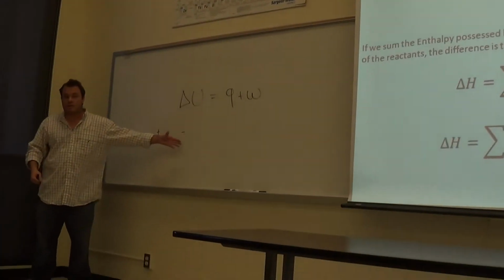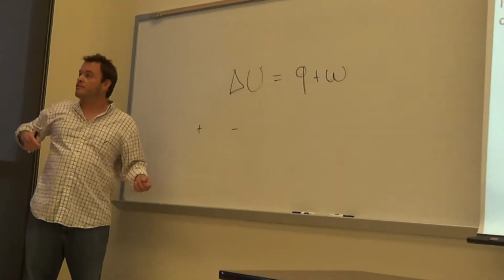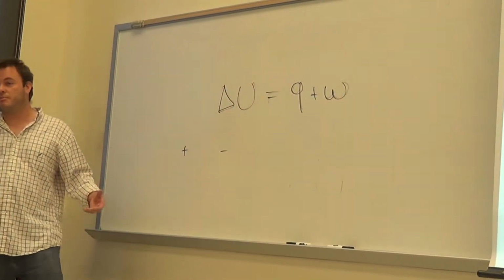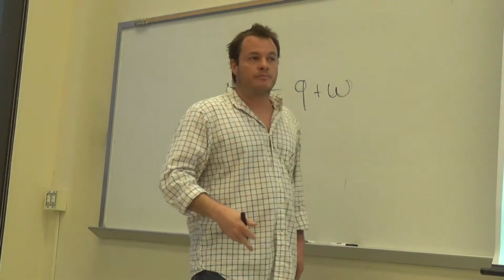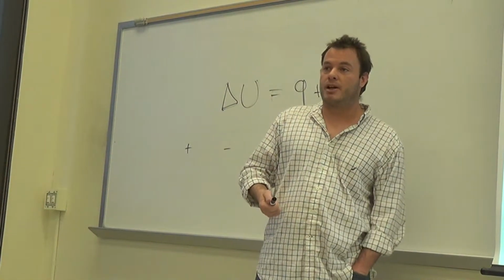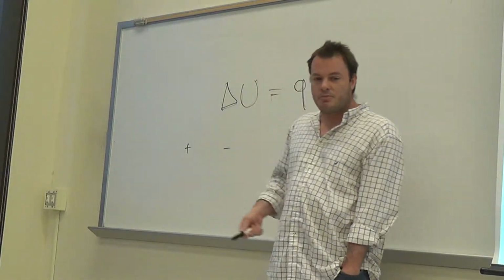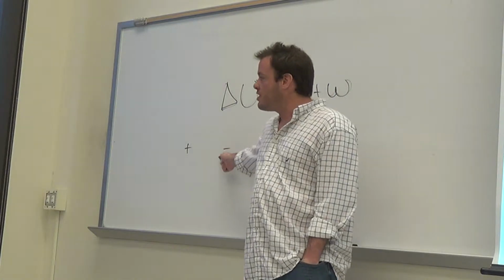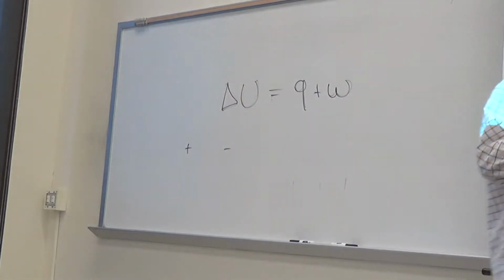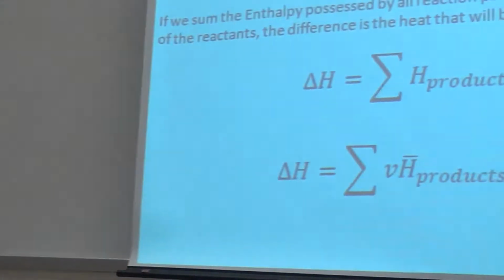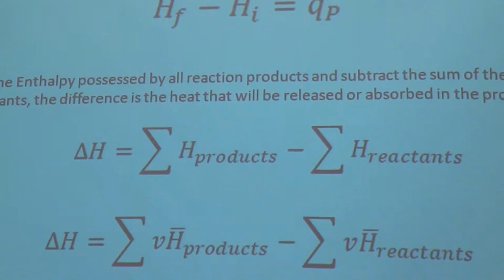But anytime you want to have an electronic change like this, if you're under the influence of pressure from your atmosphere, from your environment, then you have to work against that pressure to make that change, right? So just keep in the back of your mind that the bulk of the energy is that electronic energy, and then we've got that pressure volume term that also contributes, right?